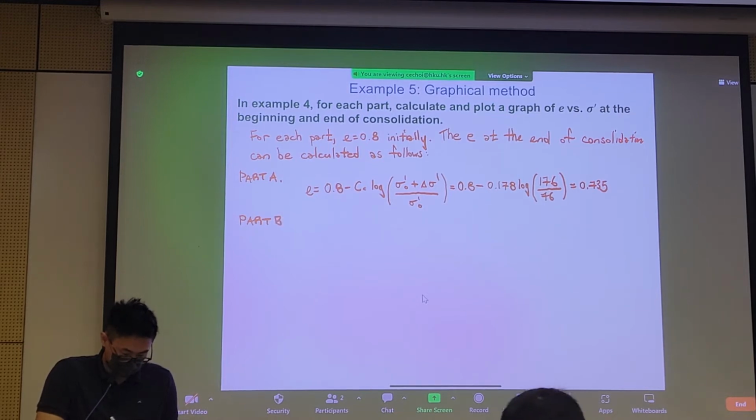For parts B and C, we do the same thing. I'll just write it out.